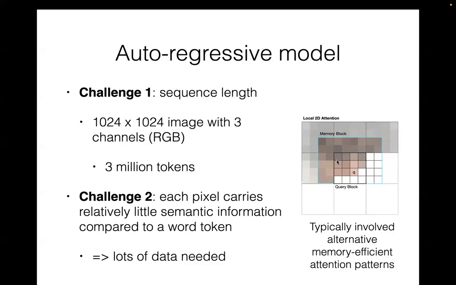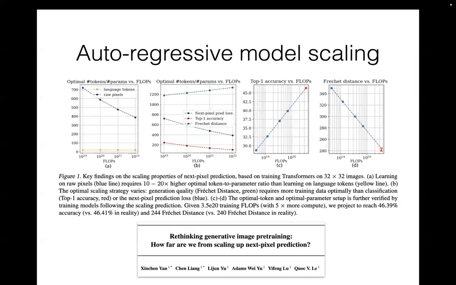So people have kept looking into this, and here's just one example. This is from November 2025, and it's from a group at Google. They were basically trying to make scaling laws for autoregressive modeling of images, and they have some interesting findings.